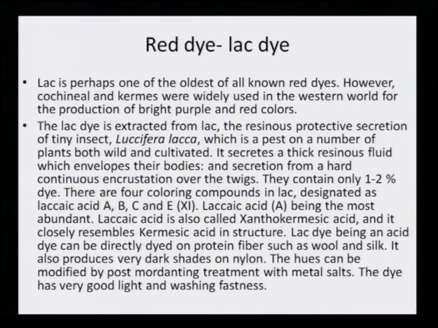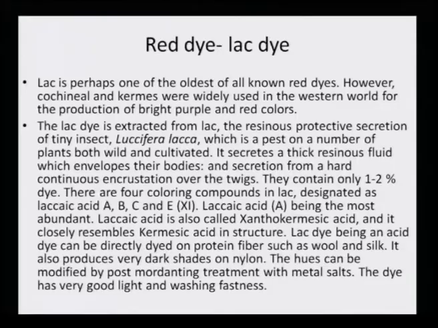Red dye from the Lac Dye variety. This also, when we looked at the different types of red dyes, was one of the varieties which is isolated from an animal source. Lac is perhaps one of the oldest of all known red dyes. However, cochineal and kermes were widely used in the western world for the production of bright purple and red colors.